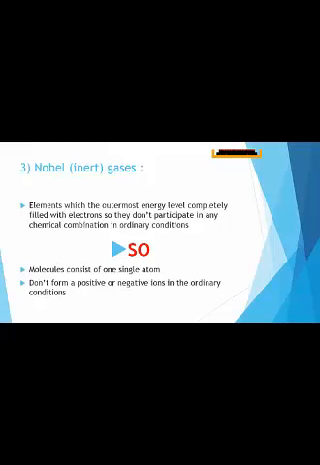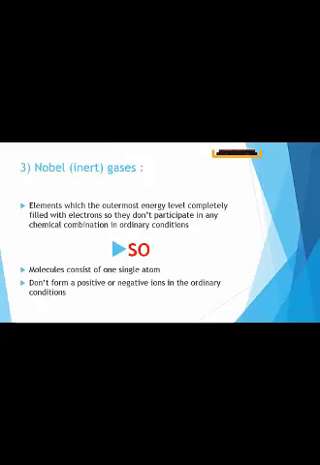These are elements whose outermost energy level is completely filled with electrons. As a result, these elements do not participate in any chemical reactions or chemical combination under normal or ordinary conditions.